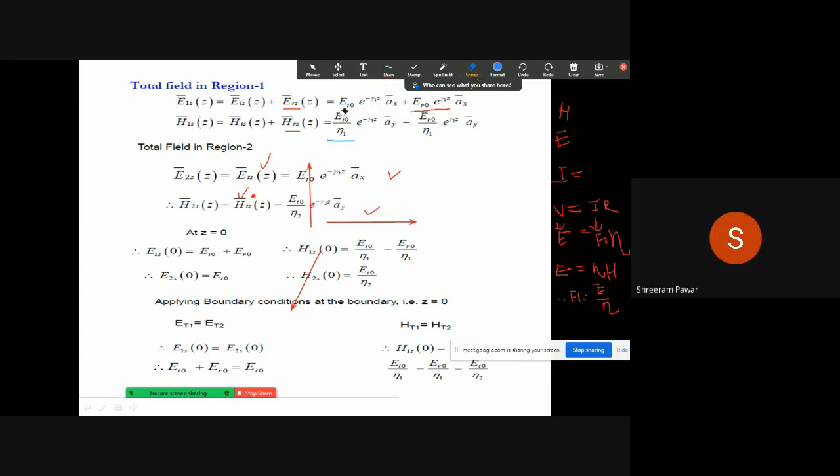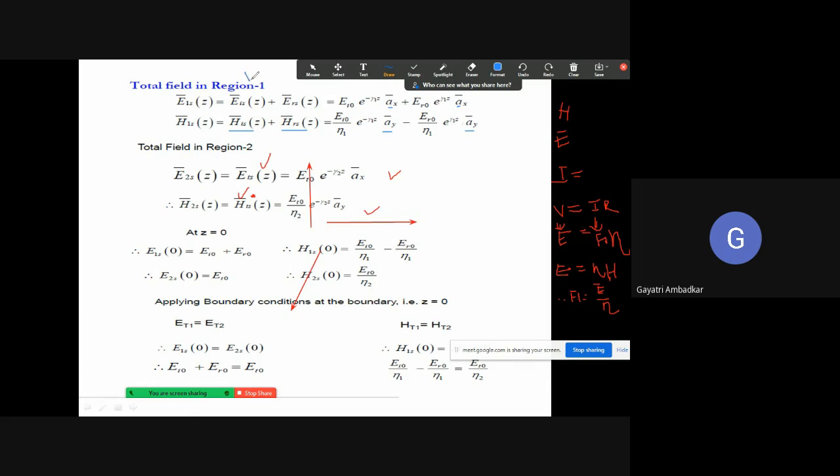Yes, ma'am. So we have only converted this in the form of E. Now what is the direction we have assumed? Y direction. That is why we have written AY. So the E field is in the X direction, the H field is in the Y direction.